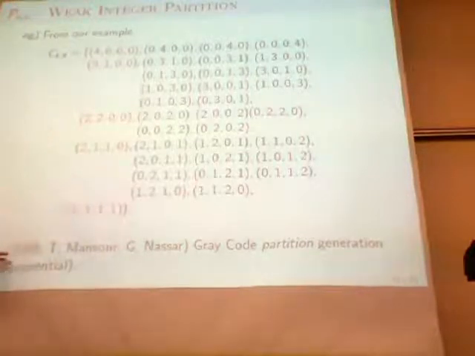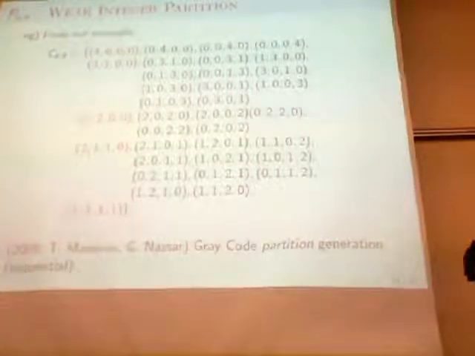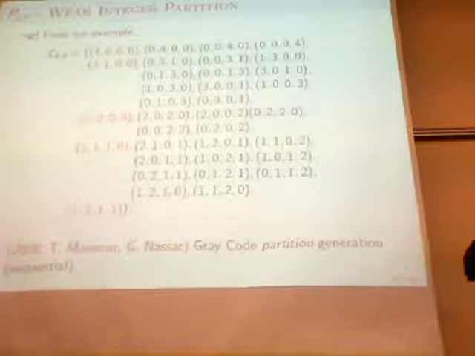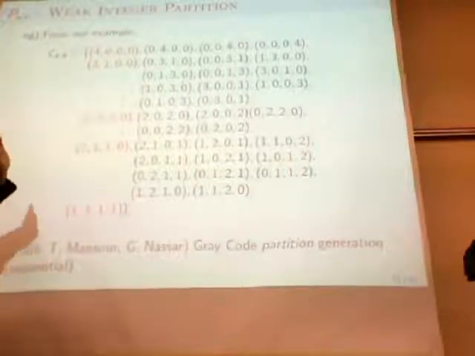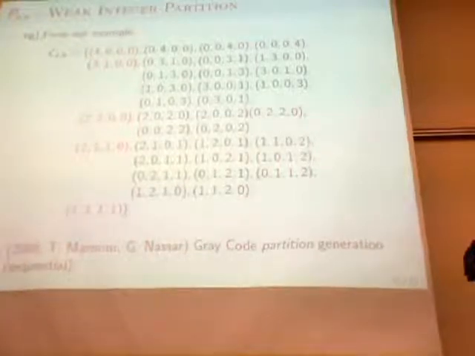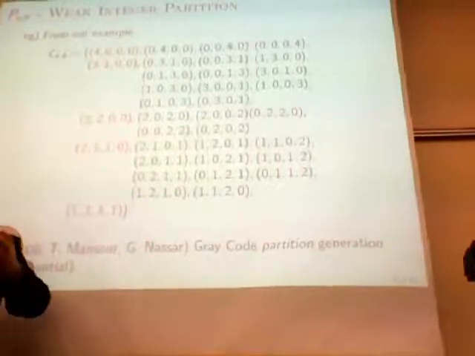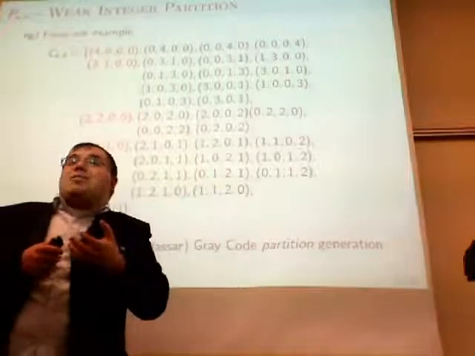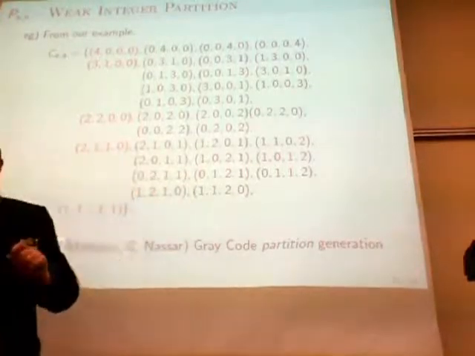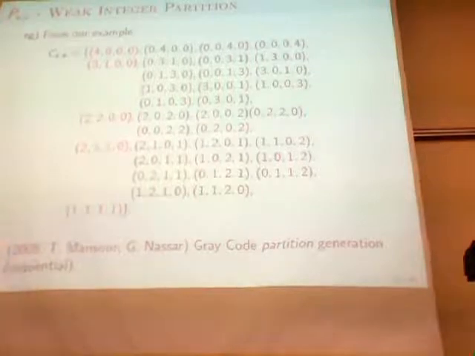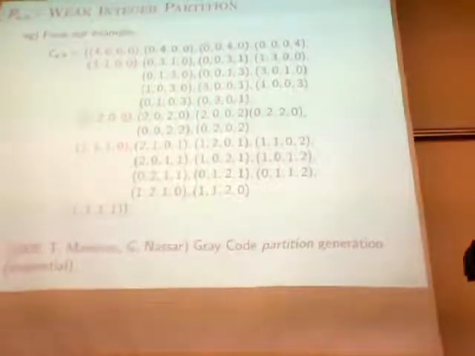Now, one thing I will point out, and a technique I'm going to show you, is something called a loopless algorithm. So with a loopless algorithm, you generate the objects, and then you give each one of these to a procedure that's able to generate each successive object in constant time. I know it sounds really weird, but it's really nasty. They're nasty to design, but they're very beautiful in implementation.